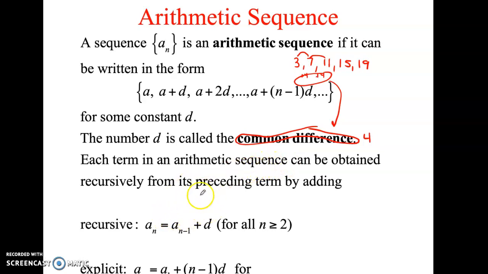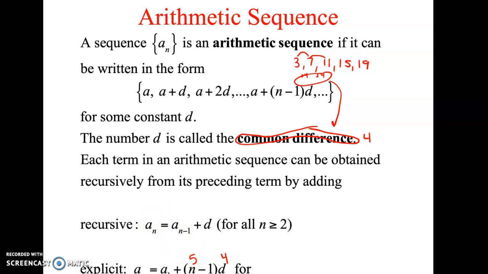Now, explicit is where you just put in the number of terms that you want. If you want the 10th term, you put in the 10th term, and it will give you what the value would equal. D here represents the common difference, which in this case is 4. Let's say we wanted to know the value of the 5th term, so n is 5.